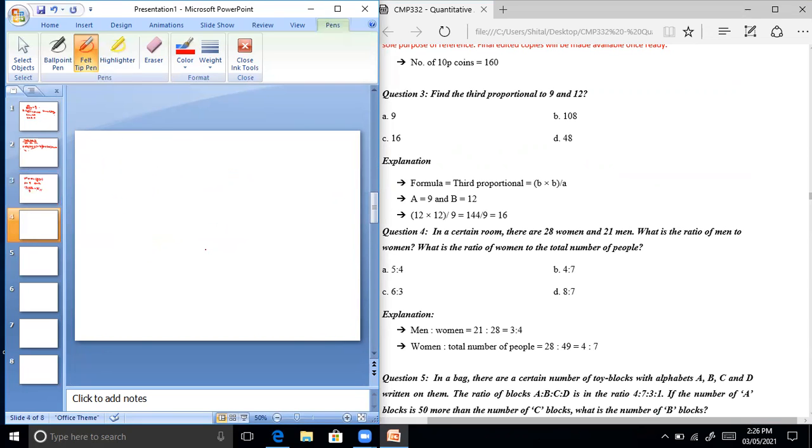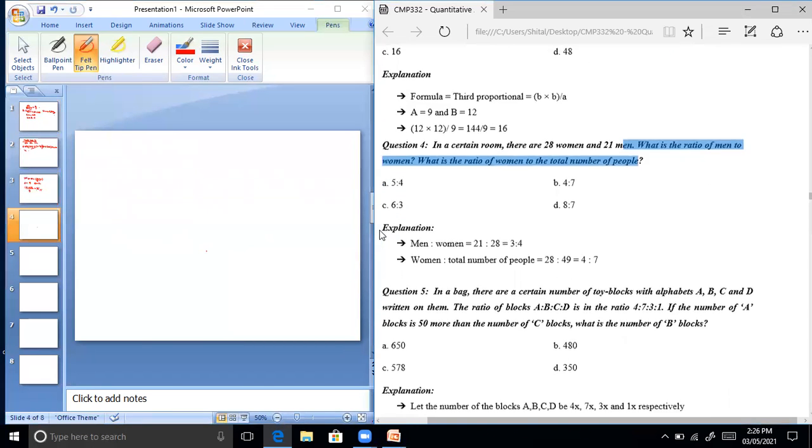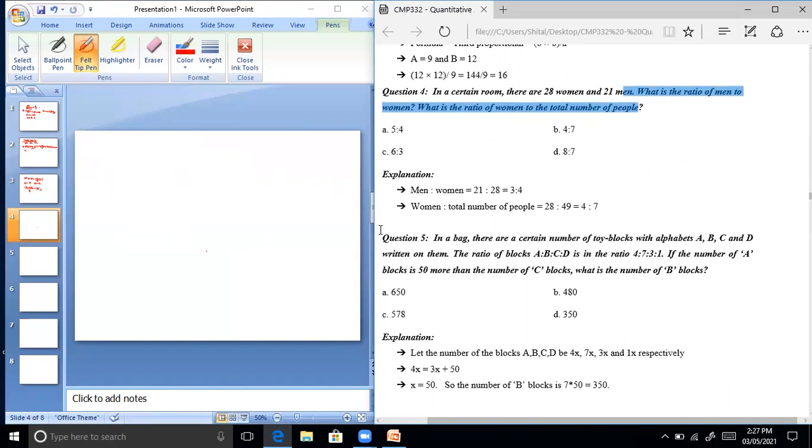In a certain room there are 28 women and 21 men. What is the ratio of men to women? What is the ratio of women to the total number of people? Men to women is 21 by 28, that is 3/4.